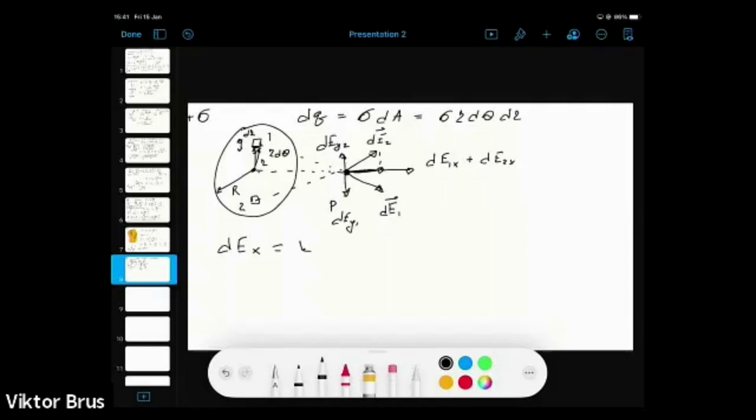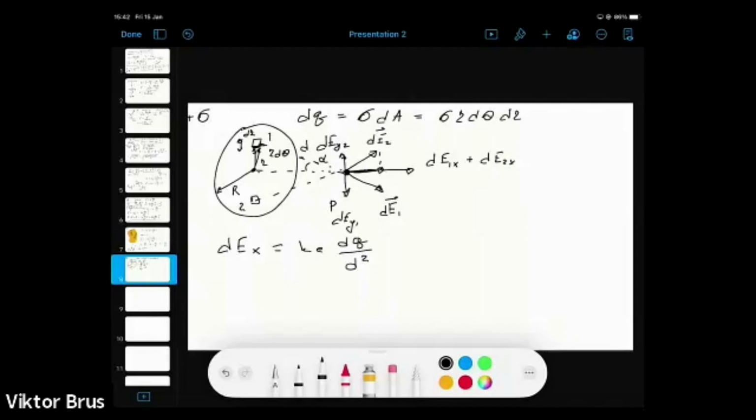It will be Ke times dq over d squared. d squared is the distance from this small surface segment to the point P where we calculate the electric field. Also here we have some angle alpha, which we will use later.